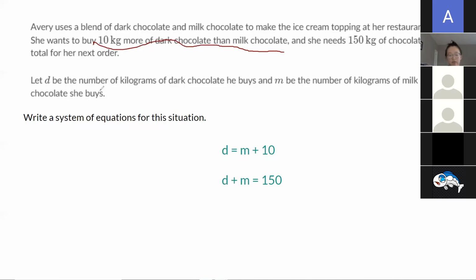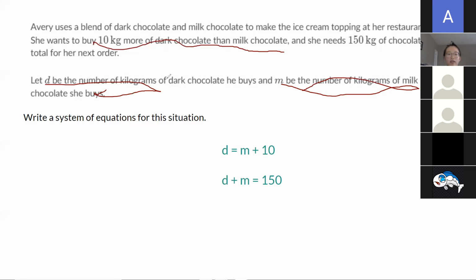So let's set up our variables. D is the number of kilograms of dark chocolate she buys, and M is the number of kilograms of milk chocolate she buys. Then it would be D equals M plus 10, because we have the sentence, she wants to buy 10 kilograms more of dark chocolate than milk chocolate. So D, or dark chocolate, has to be 10 greater than milk chocolate, which is your M, right?